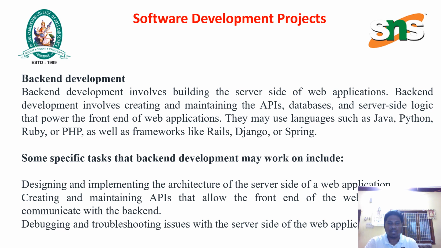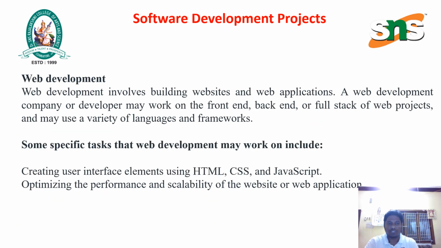Some specific tasks that backend developers may work on include designing and implementing the architecture of the server side of the web applications, creating and maintaining the APIs that allow the front end of the website to communicate with the backend, and debugging and troubleshooting issues with the server side of the web application.